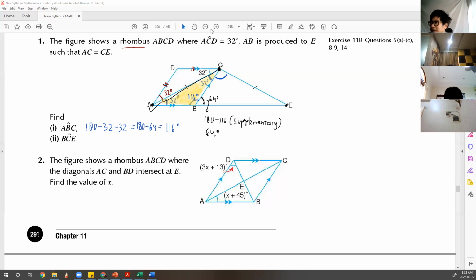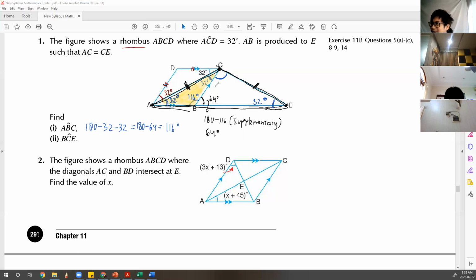I want to make it thicker, so you can see the triangle that is produced from my line. So this is also an isosceles triangle, right? So if this is 32 on the left, the other base angle is also equal. Okay, this also is 32 degree.